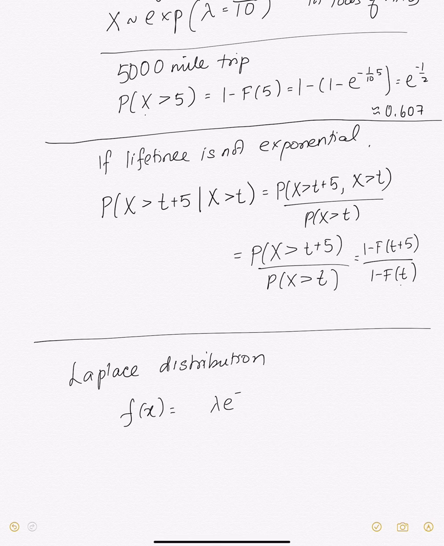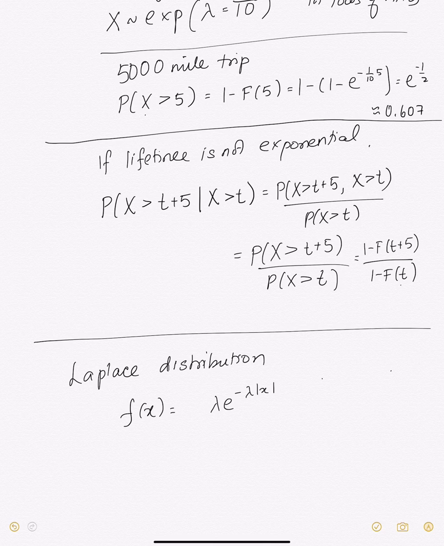Lambda e to the minus lambda x. And over here, you have lambda e to the minus lambda, instead of x, you have an absolute value of x because it is symmetric about the y-axis. You get the same density function whether you have positive 3 or negative 3.